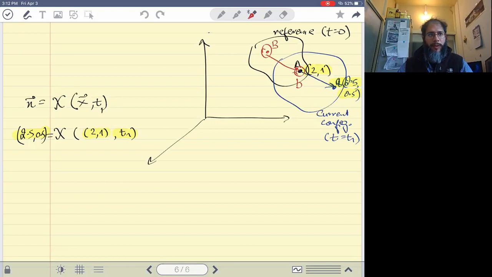So that's the difference between current and reference, since I keep using different terms. The material or reference coordinate system denotes the coordinates of the points at t equal to 0, and the spatial coordinate system denotes the coordinates of the point at some later time t in the current configuration.